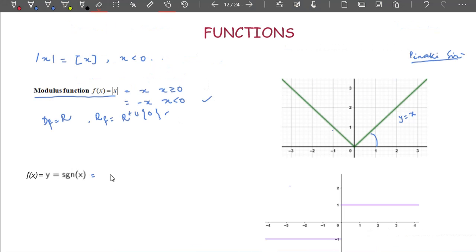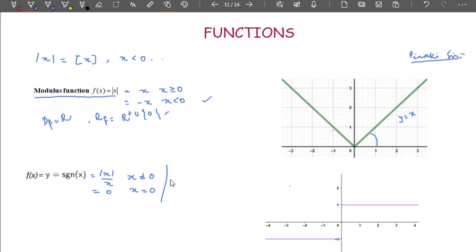Our next function is y equals signum of x. This is defined as modulus x by x if x is not equal to 0, and it is equal to 0 when x is equal to 0.